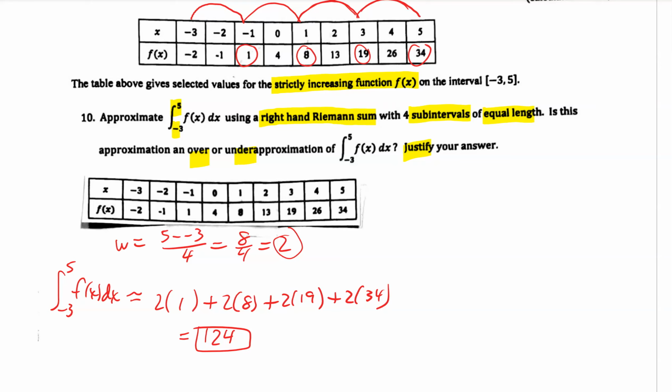Okay, now they mentioned it was strictly increasing, and they wanted us to find out if this is an over or under approximation. So what I like to do on these is not draw a perfectly drawn graph, because we don't know exactly what the graph looks like, but I do want to have a strictly increasing interval. Strictly increasing function. So let me go sketch a little picture of that.